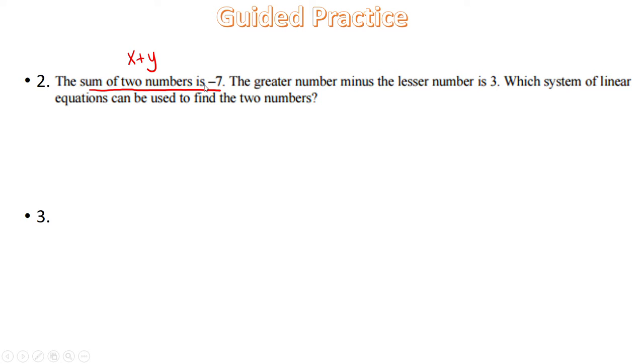And is means equals in math, so that would be equals -7. The second sentence says the greater number, but we don't know which one of these is greater since we're just adding. So that could mean x or y. But either way, the greater number minus the lesser number, so that could mean x minus y or y minus x, is 3.